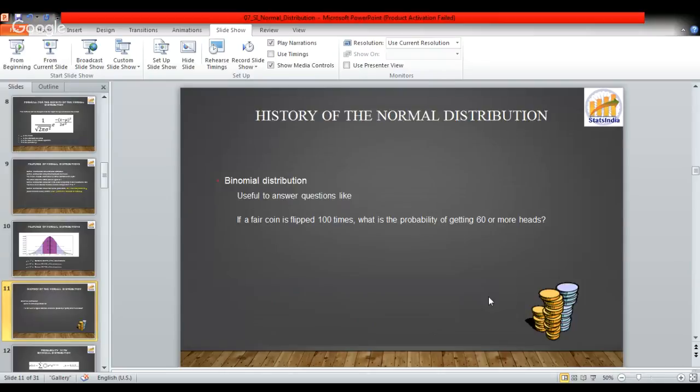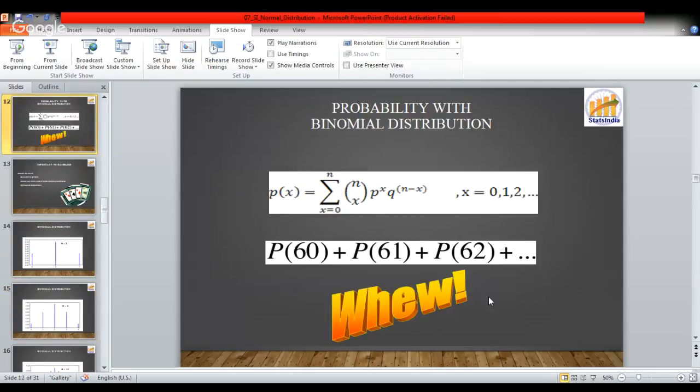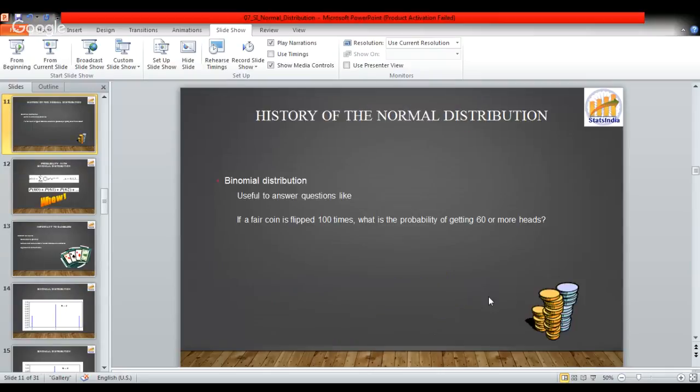If we have to calculate this probability, then using binomial distribution, we know that the PDF of binomial distribution is nCx p raised to x q raised to n minus x, where x is equal to 0, 1, 2, 3. Now here we want to find 60 or more heads.